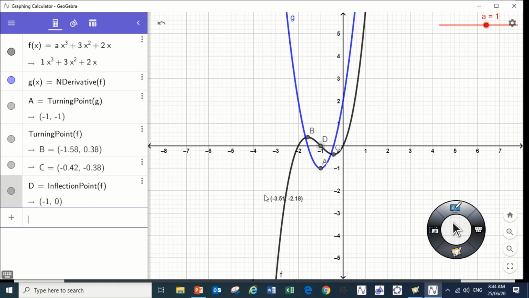Another thing, I'm sure you can see that here the graph is concave down. Do you see that the quadratic function is a decreasing function? So when the graph is concave down, always, the first derivative must start as a decreasing function. The y values of the first derivative are decreasing when the graph is concave down.